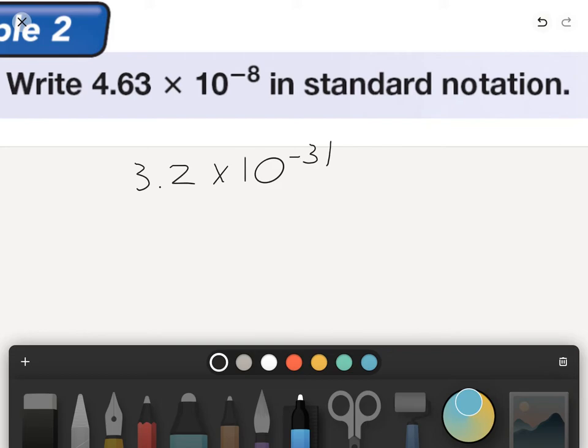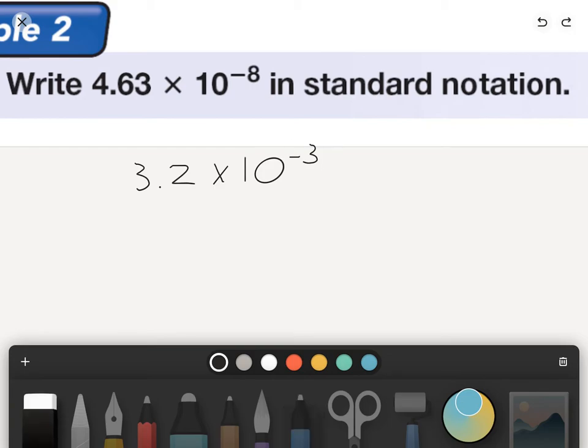It's a way of writing it so that I'm not covering my page with zeros, but we can convert it back to a regular looking number. The rule is that the exponent is how many bounces you're doing to the left.